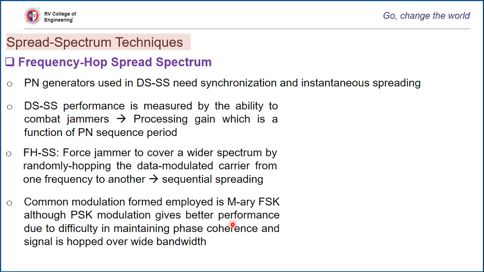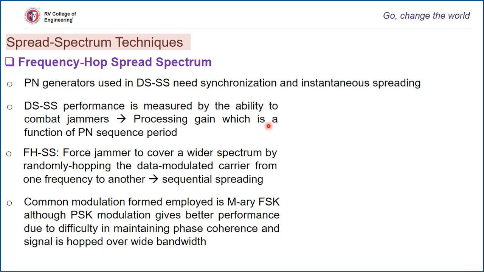Consequently, FSK modulation with non-coherent detection is often employed with FH spread spectrum signals. And hence, since it is a non-coherent technique, we need not worry about the synchronization problem as was the case in direct sequence spread spectrum.